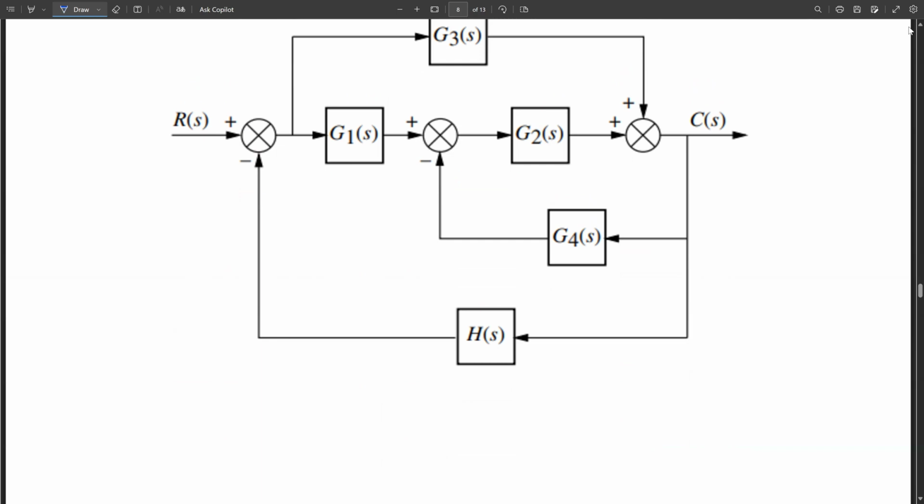Then you have to draw from scratch again. So let's see if we can draw it from scratch again.